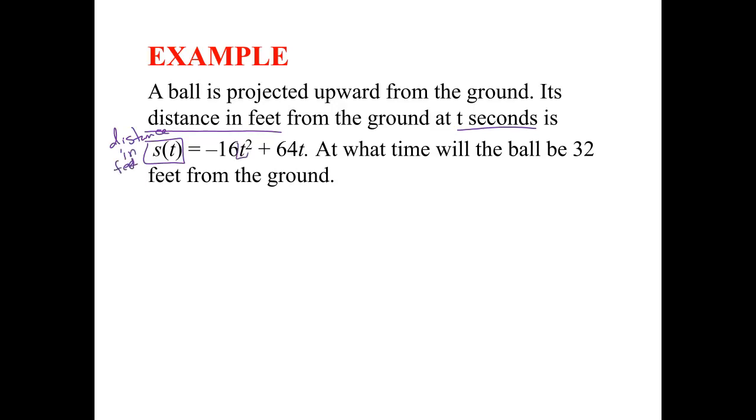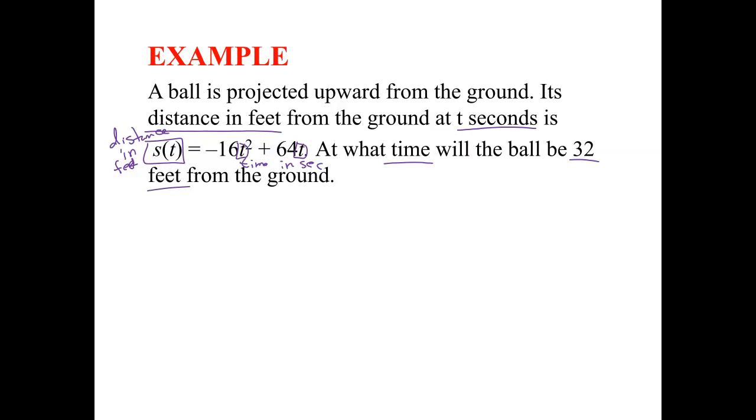What does t stand for? Time measured in seconds. So make sure you understand what each part represents. The function measures distance in feet. Time is our independent variable. To solve: at what time will the ball be 32 feet from the ground?